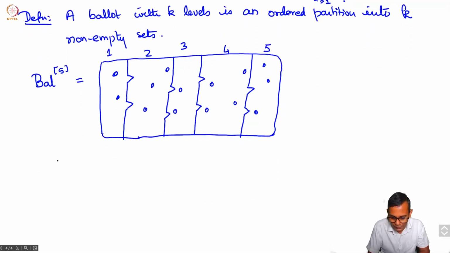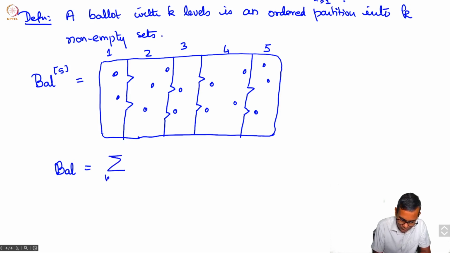Now let's see if we use the theory of species to count ballots. So then finally you can define Bal to be the species summation k greater than or equal to 0 of Bal_k, where you don't specify the number of levels.